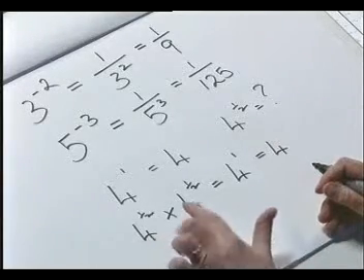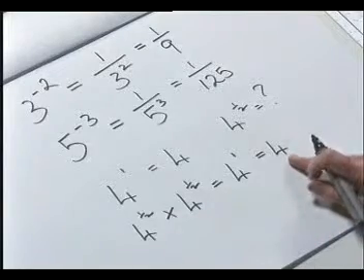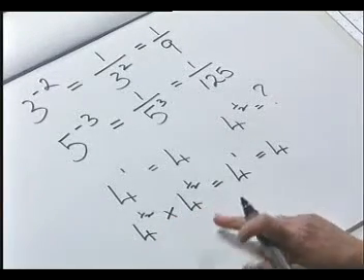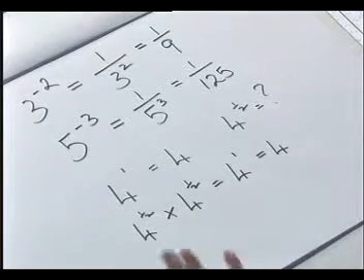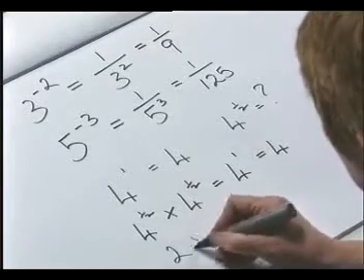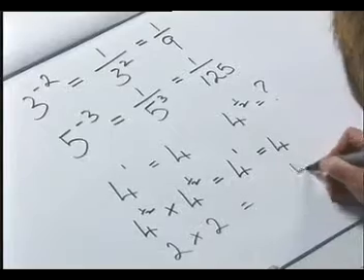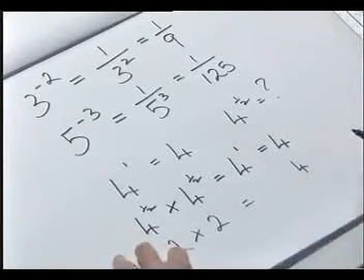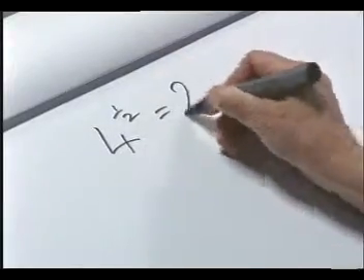So 4 to the half times 4 to the half equals 4. That means it's something times itself equals 4. Well, we know that. It's obvious. It's 2. 2 times 2 equals 4. So 4 to the half is equal to 2.